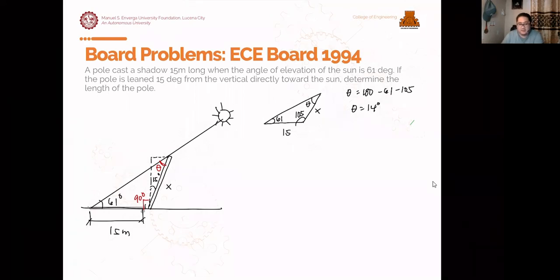Okay? So what particular law ang gagamitin natin? Tingin nyo. Meron tayong given na tatlong angle, interior angle. Meron tayong isang side na unknown. Cosine.